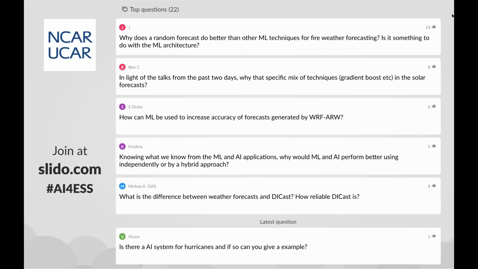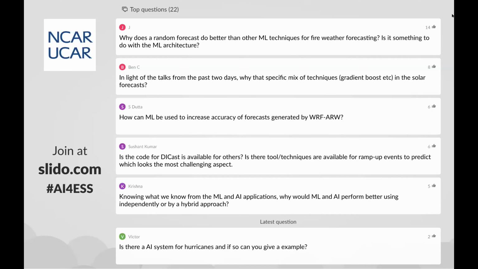Okay, it looks like another one that's come up is, why does a random forest do better than other machine learning methods for fire weather forecasting? Is this something to do with the architecture? Okay, I'm conjecturing here. But one thing I like about the tree-based methods is, as I talked about, they inherently find different regimes.